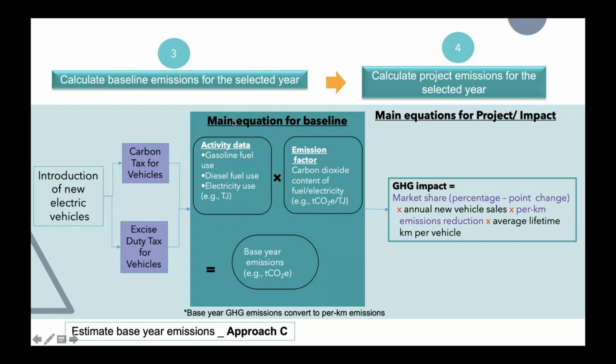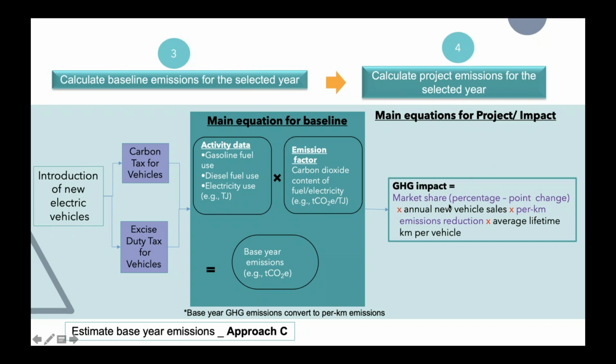With regard to the emissions, we applied the basic emission calculation. We did the GHG emissions for the baseline scenario. The baseline scenario was the use of conventional vehicles like petrol and diesel vehicles in the absence of electric vehicles.